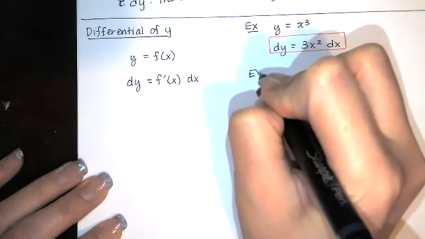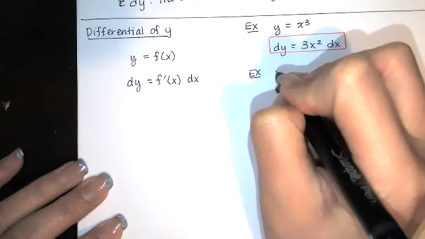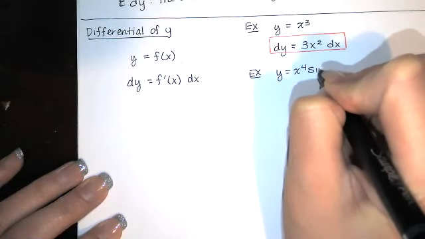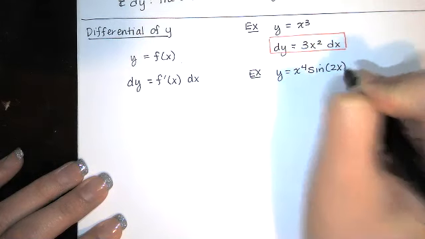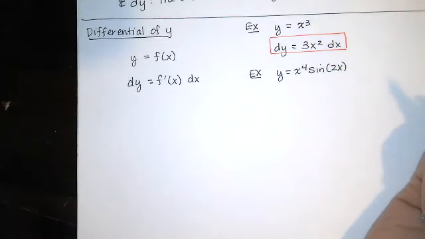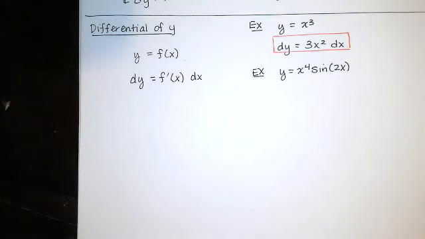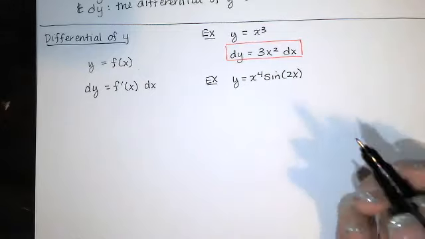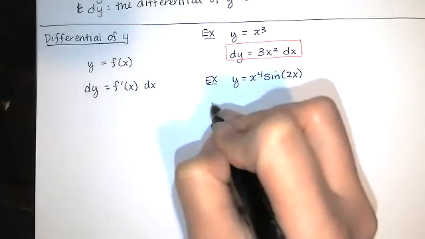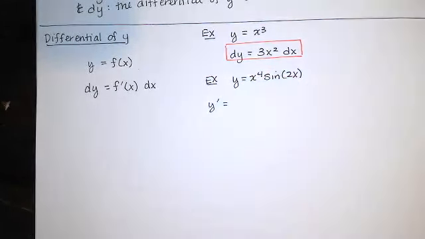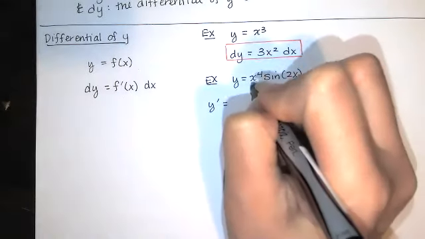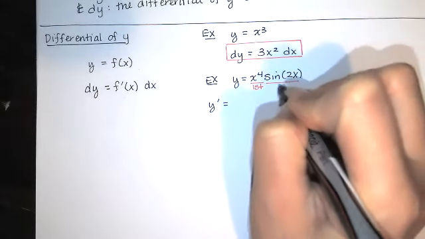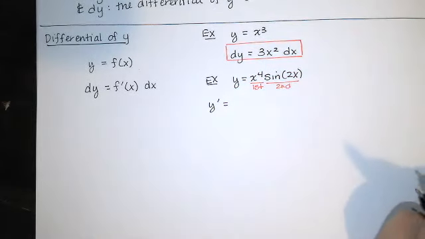So let's say somebody asks you to compute the differential of this function. Well, this is slightly more complicated, but the principle is the same. All you're going to do is take the derivative of this function and then multiply by dx. So first I might compute the derivative. Since I have a product of two functions, this polynomial function in x times this trigonometric function, I would use the product rule.